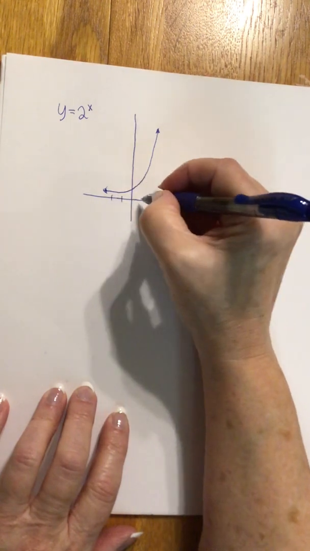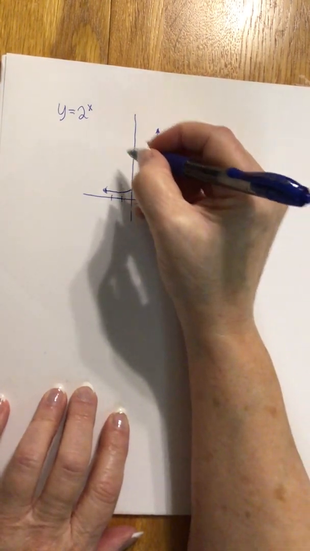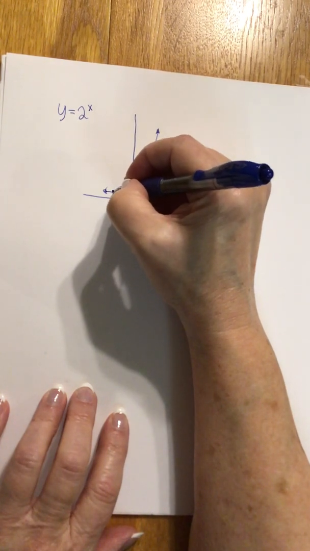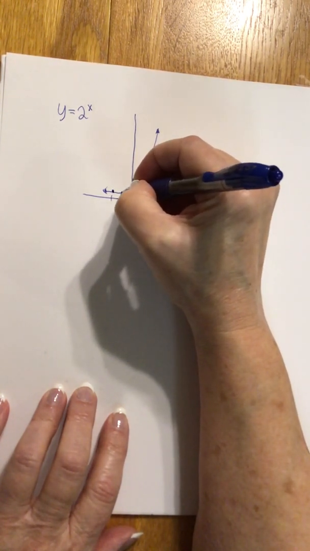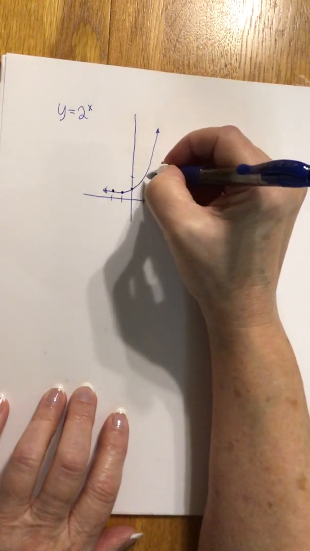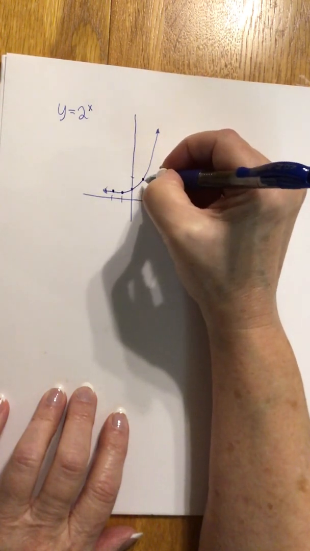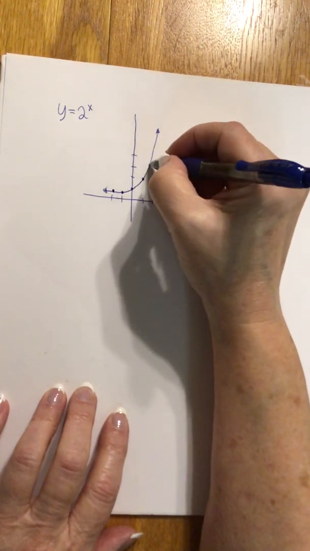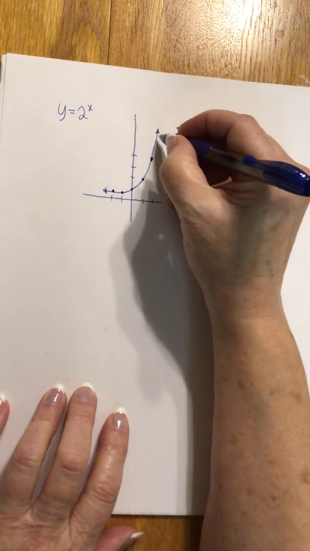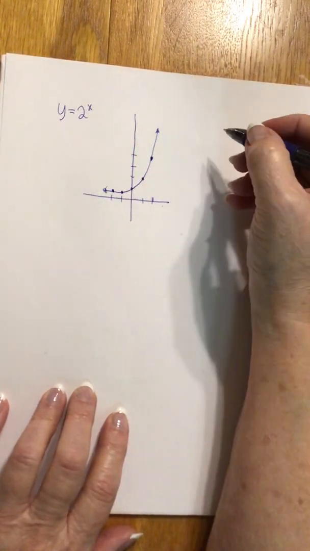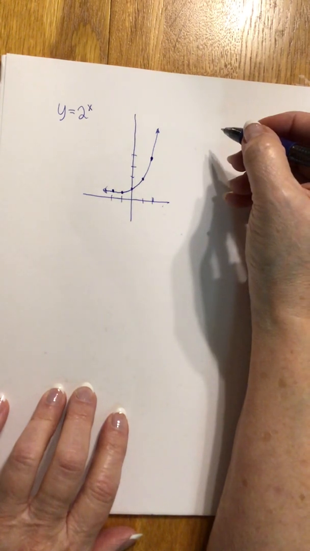If I put in -2, this is going to be up here. -1 would be 1/2. 0 would be 1. Put in a 1 would be 2. Put in a 2 would be 4. So we're just plotting the points as if we put in the -2, -1, 0, 1, and 2.